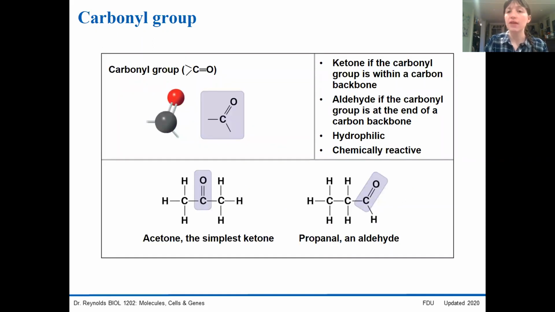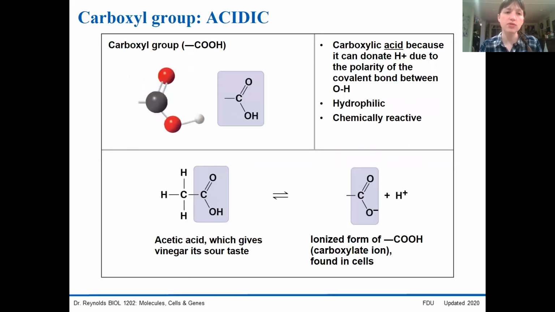Then we have carbonyl, a carbon to oxygen double bond. And this can be interior in the molecule or at the end. Regardless, it's always going to have a polar bond and be hydrophilic. But when you take a hydroxyl and carbonyl group and place them together, you can have something that's known as a carboxyl group.